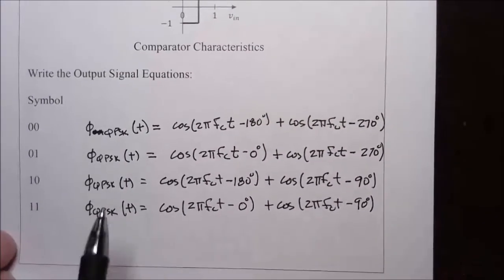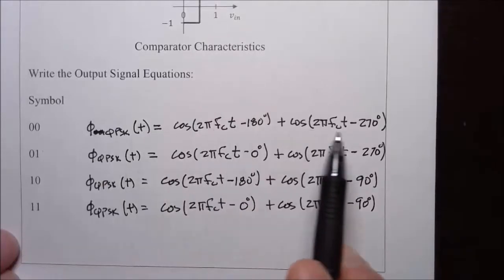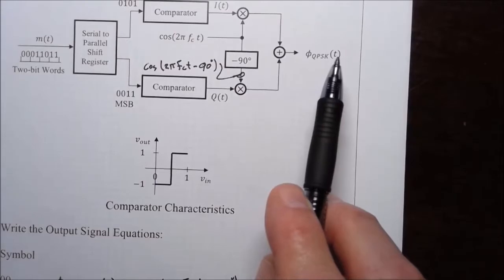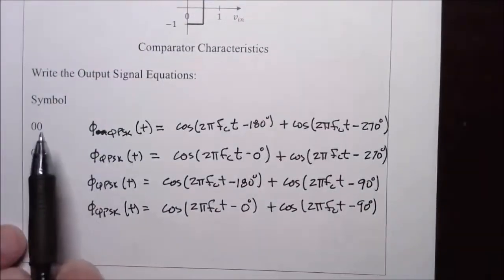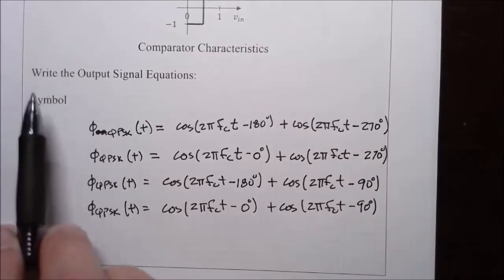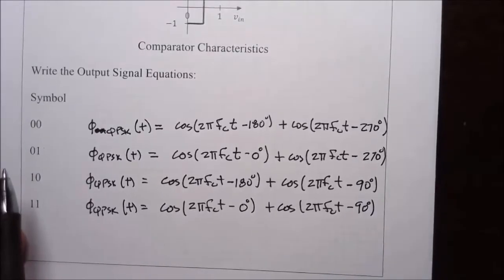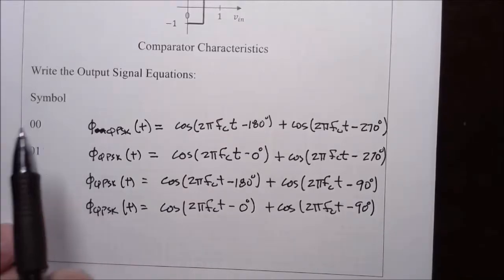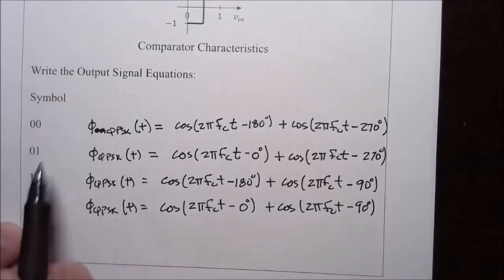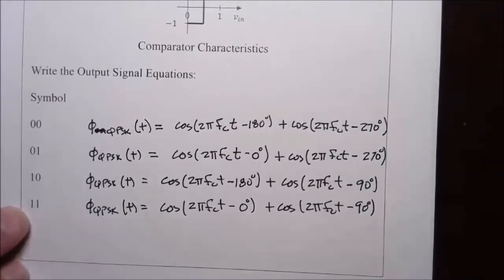Okay, so these are the equations for the quadrature phase shift keyed signal depending upon the input. And the input in this case are 2-bit words. These are individual symbols. And instead of transmitting this signal 1 bit at a time, we're transmitting one symbol at a time.